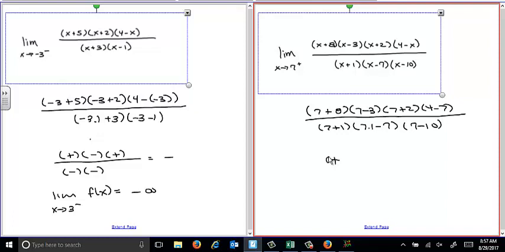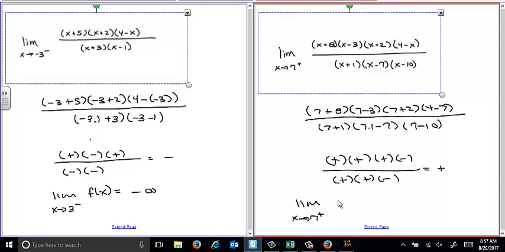That's positive. This one's positive. That one's positive. That one's positive. That one's negative. That one's positive. That one's positive. That one's negative. So I've got an even number of negatives, so it's positive. And therefore the limit as x approaches 7 from the positive side of this function is positive infinity.